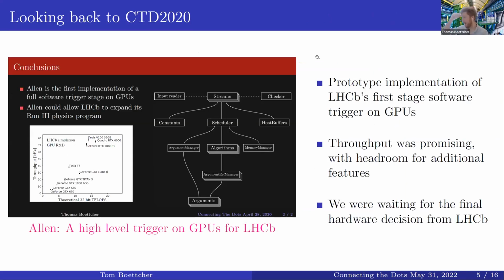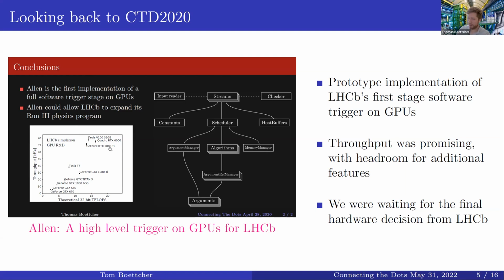I want to look back to where Allen was at the last Connecting the Dots in 2020. This image on the left is my summary slide from when I talked about Allen at Connecting the Dots 2020. Back then, Allen was a prototype implementation of LHCb's first stage software trigger on GPUs, and we had some promising throughput.